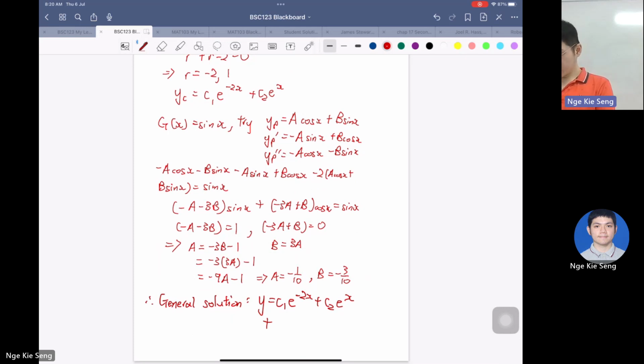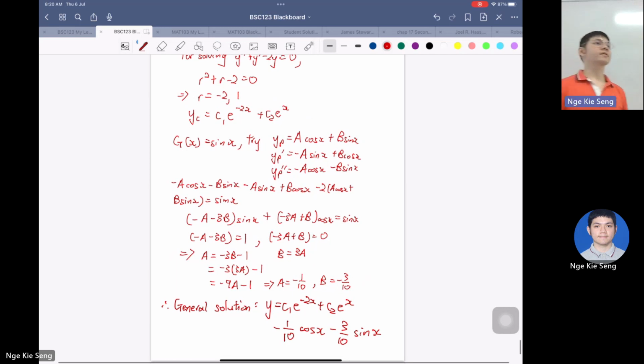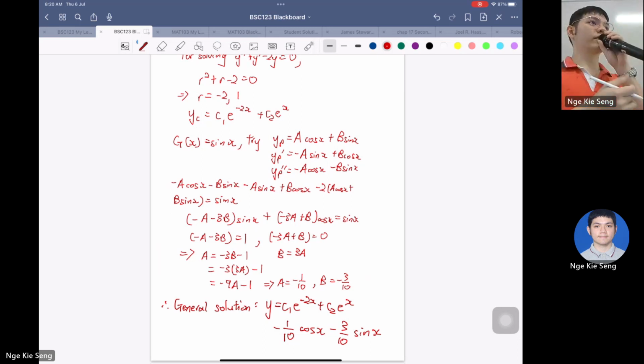So the non-homogeneous part is minus 1 over 10 cos x minus 3 over 10 sine x. Okay, make sense?